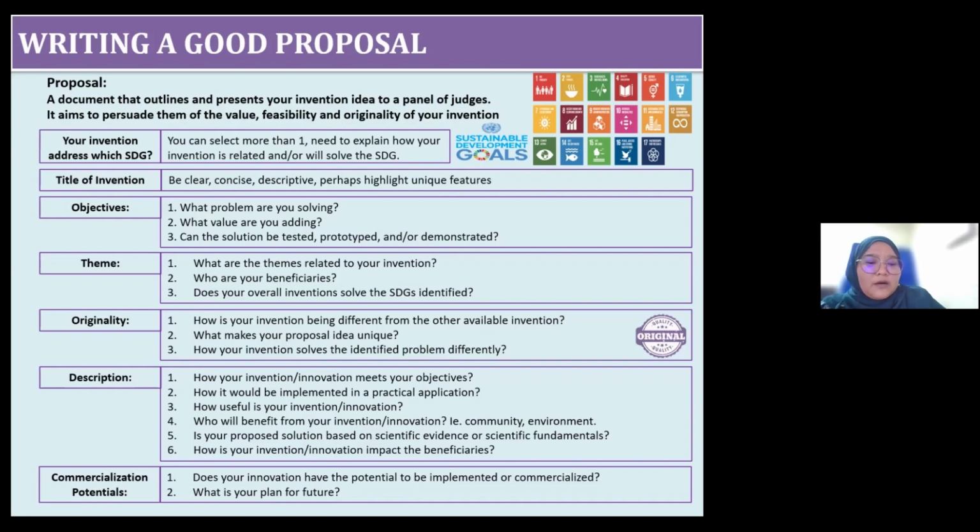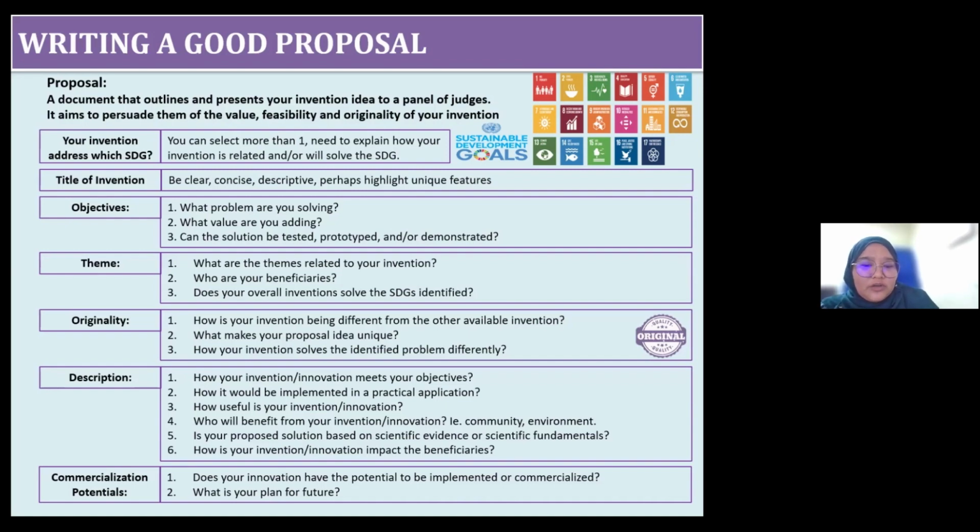And lastly, it's about commercialization potential. When we are doing a proposal, basically it's just the idea you jot down on paper or in a document. However, while producing the innovation and product, you may be able to trigger the question of whether your innovation has the potential to be upscaled into a real working product.